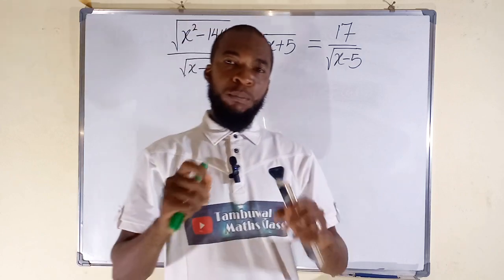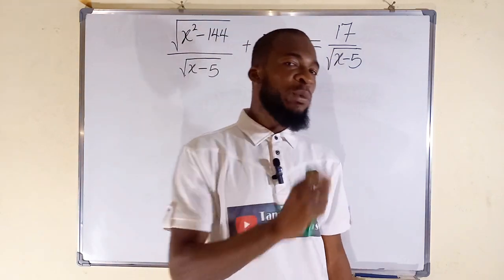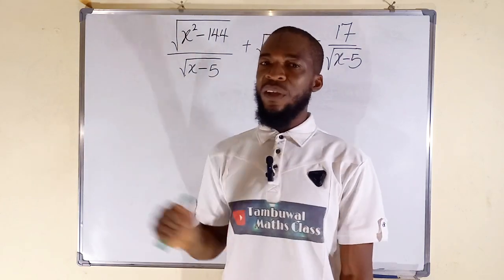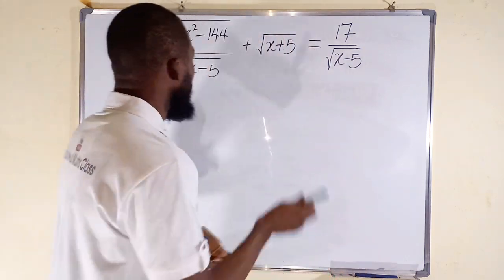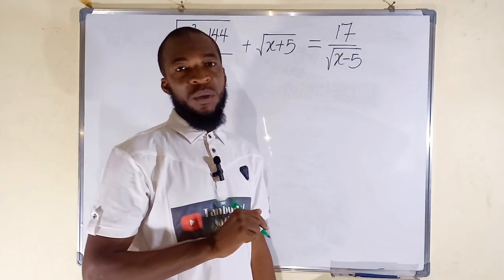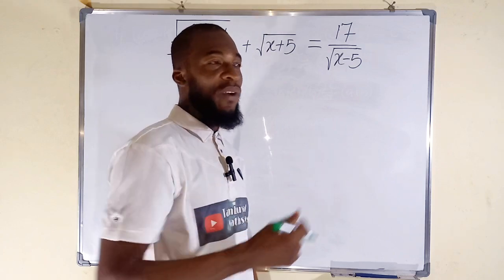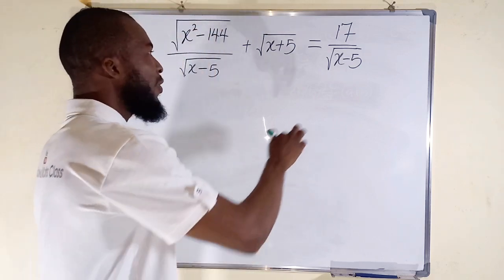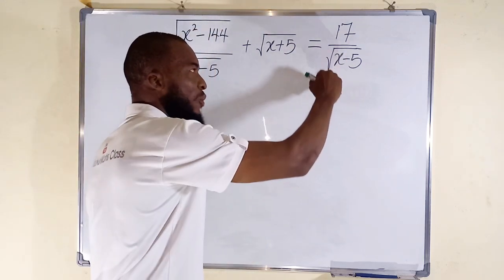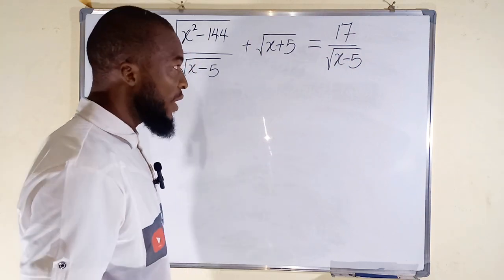Before we start, let us talk about the domain, because not all possible values of x will satisfy this equation. Since we have a fraction here, we don't want our denominator to be equal to 0, otherwise the expression will be undefined. Also, since we have a square root, the radicand should be greater than or equal to 0, right?